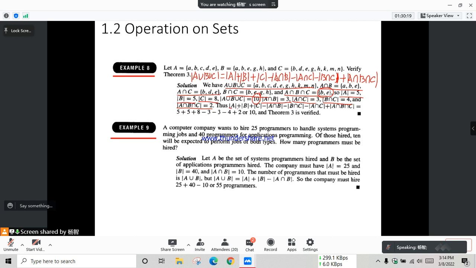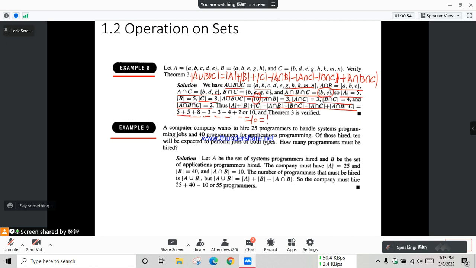And when we calculate this part, this is theorem 3. The right side of theorem 3 is equal to 5 plus 5 plus 8 minus 3 minus 3 minus 4 plus 2. Okay, what's the result? It's equal to 10.